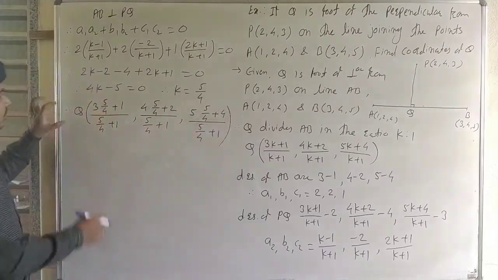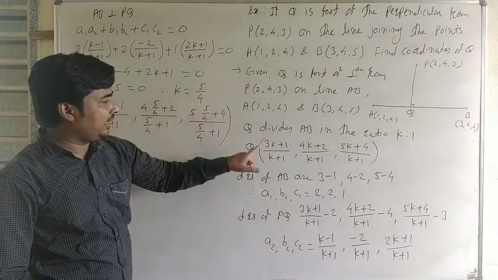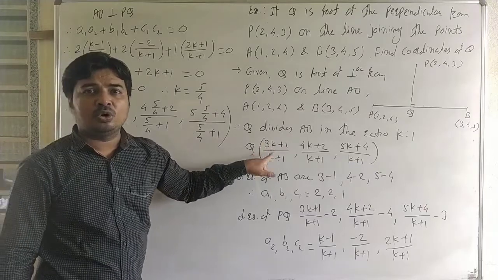Here we put the value of k, 5 by 4, in these coordinates of Q.